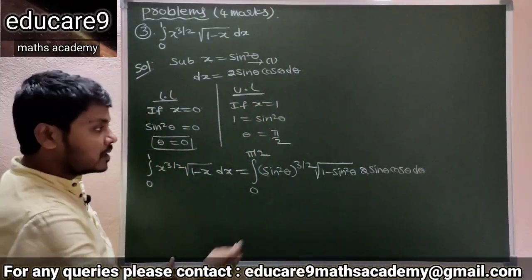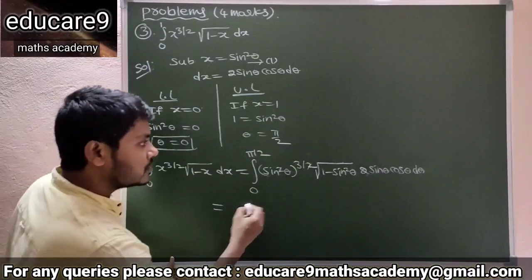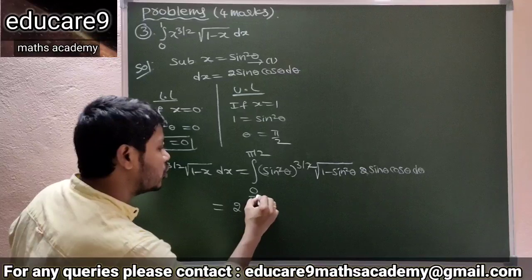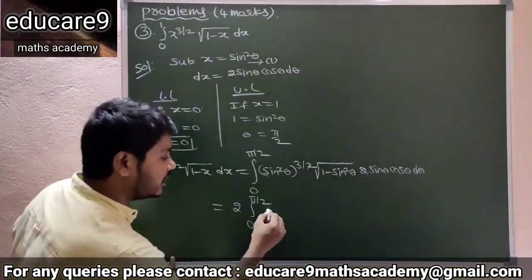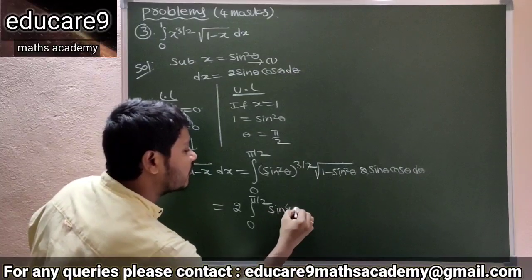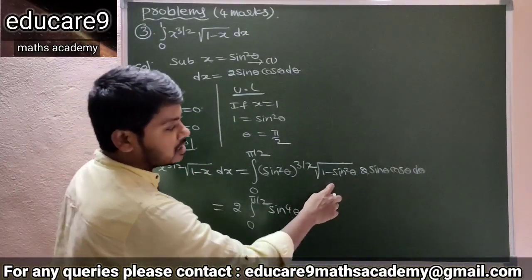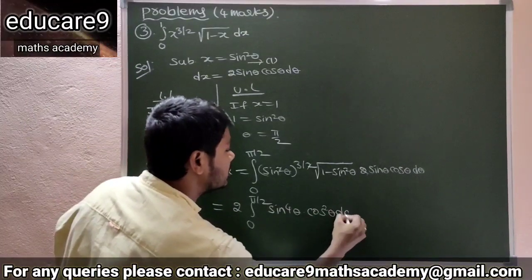So here 2 gets cancelled, so you will get 2 times integral 0 to pi by 2, sin cube theta into sin theta, that is sin power 4 theta. Root of 1 minus sin square theta is cos theta, so cos into cos, cos square theta d theta.